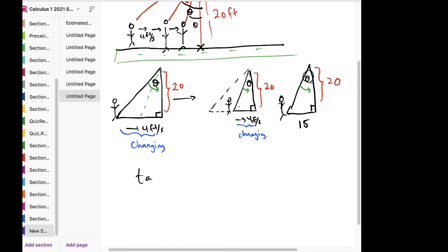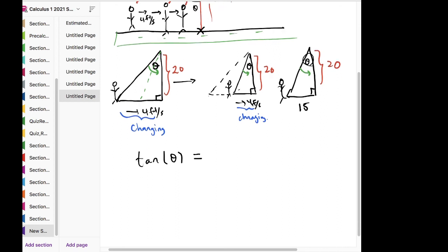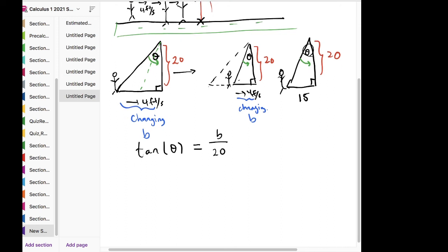Just tan. Tan of theta is what? So theta would be arctan, but we can just work with tan. We don't need arctan. So let this be like b or something. Yeah, x over y. So it would be b over, but this is always 20, right? Yeah, so now take the derivative.